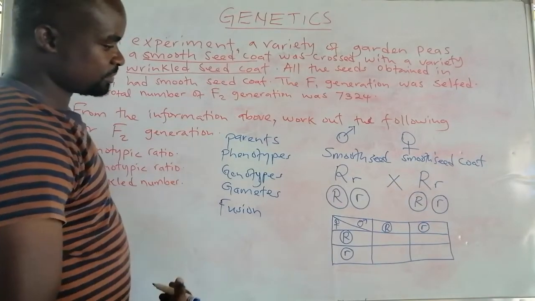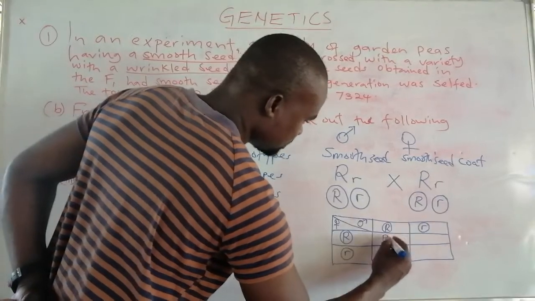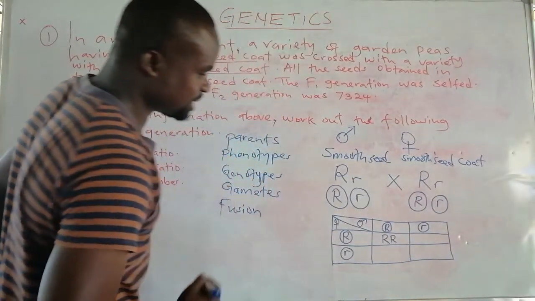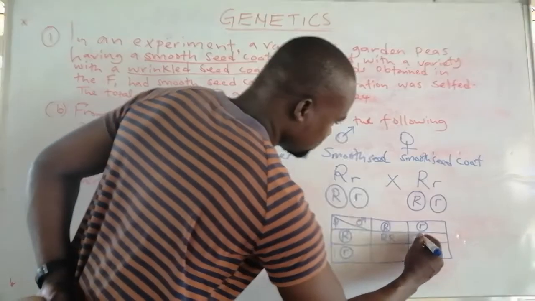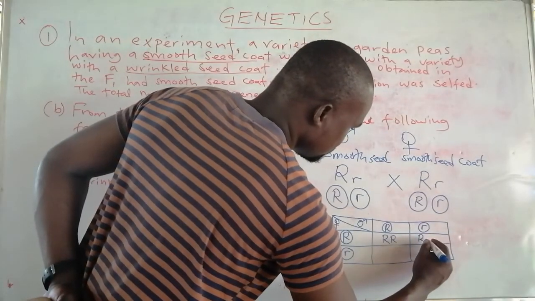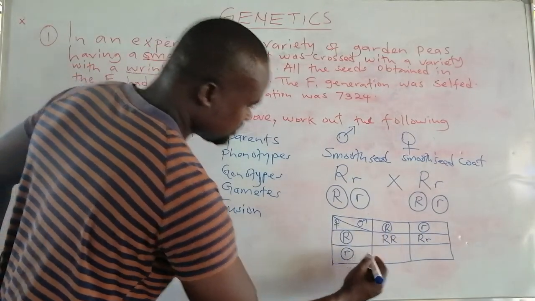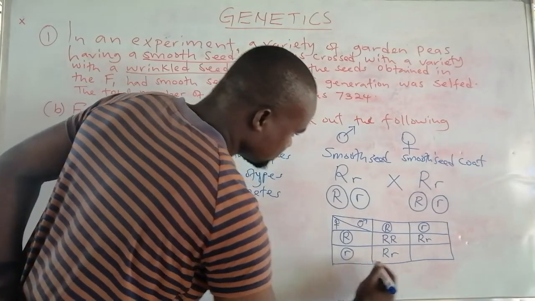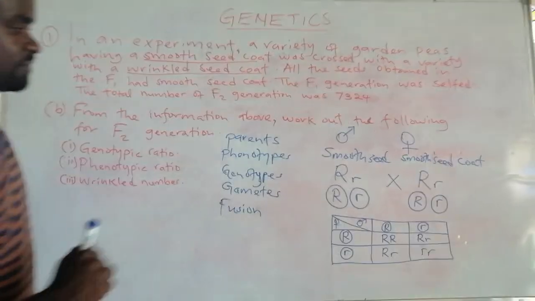Then we start our fusion. Capital R with capital R will give us that in homozygous state. Then we'll have this small r and capital R will give us capital R and small r, heterozygous state. The same to this one, another heterozygous state, and then we have homozygous recessive.